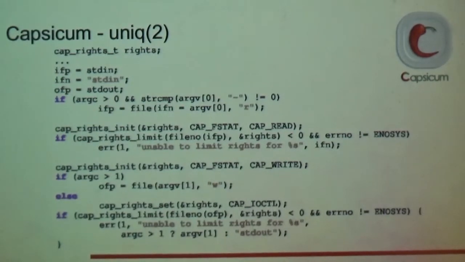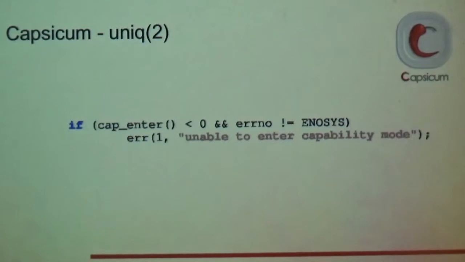So we declare the two capabilities, we open the descriptors, and we limit them to be only read and write, and also we would like to do the fstat on them. And that's all. After that, we can enter the sandbox, and our process is very secure. There's no way to obtain more rights. We cannot do anything else than write or read from those two descriptors.